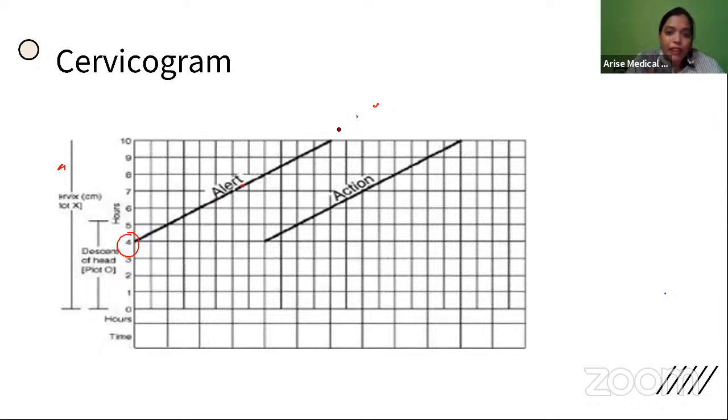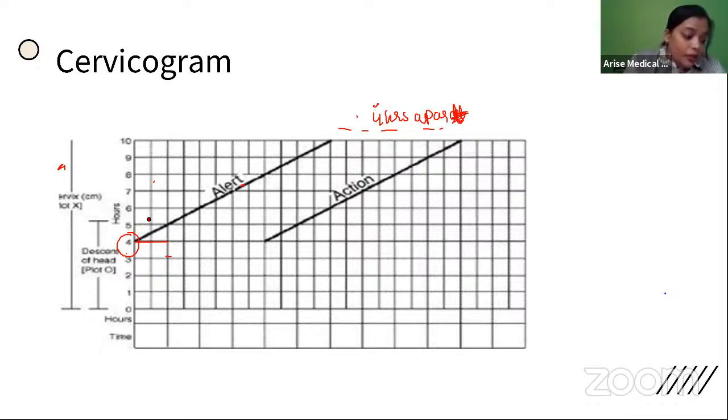Four hours apart from the alert line, you have the action line. Between the alert line and the action line, each small box on the x-axis is 30 minutes, and 2 boxes make 1 hour.